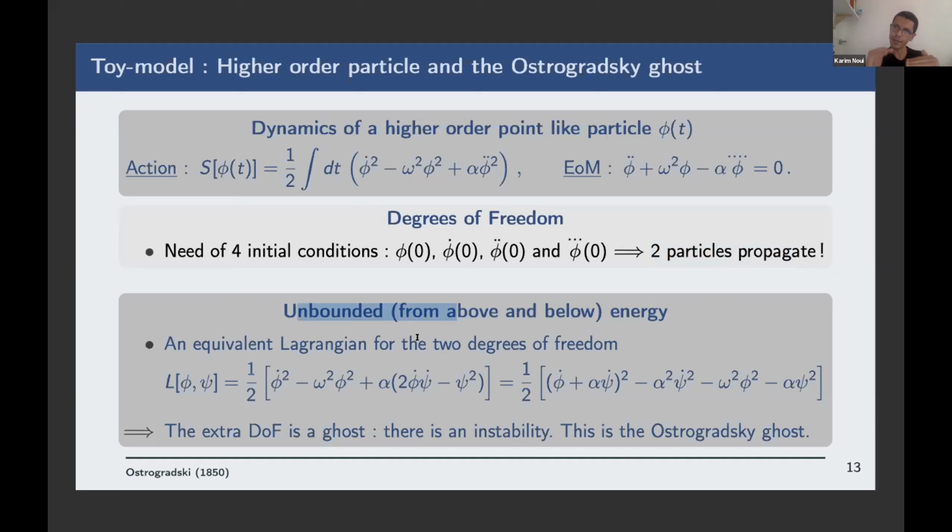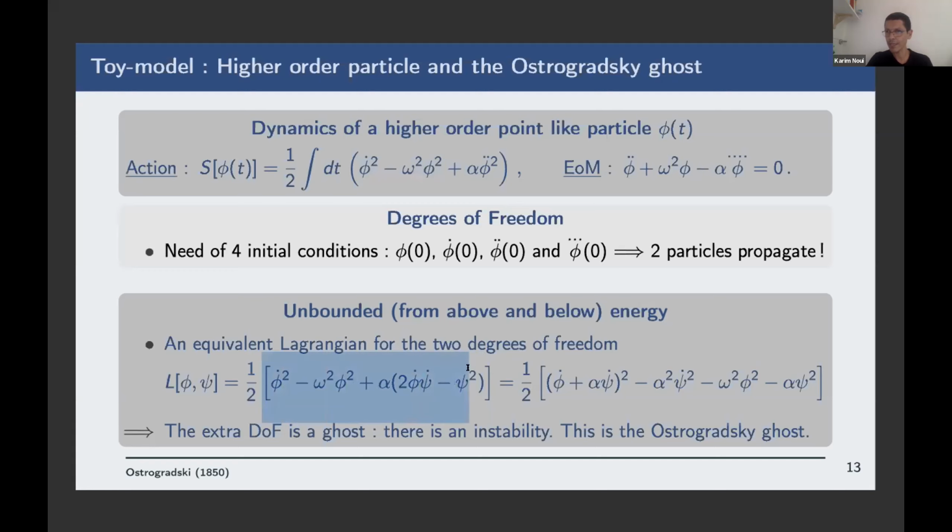To understand why having higher order terms implies these pathological properties, you can show that, instead of considering this Lagrangian here, you can consider this equivalent Lagrangian. This Lagrangian is completely equivalent classically to this one, in the sense that if you look at the equation of motion for psi, and then you replace the solution of psi in terms of phi back into the action, you recover exactly this Lagrangian.